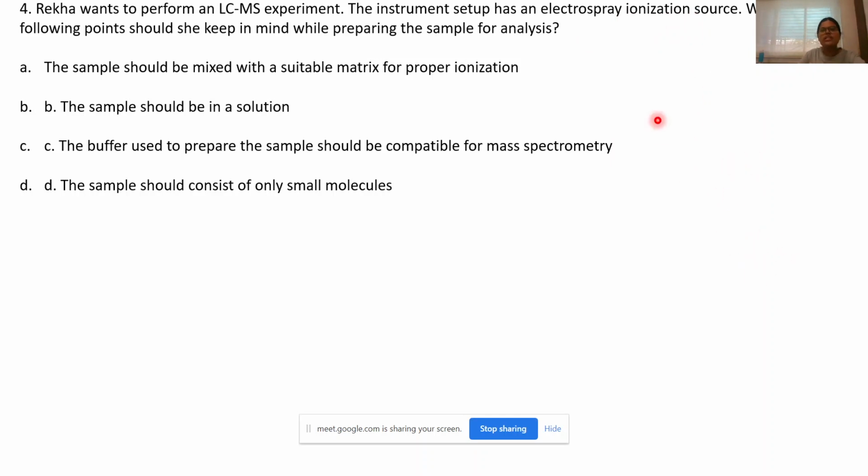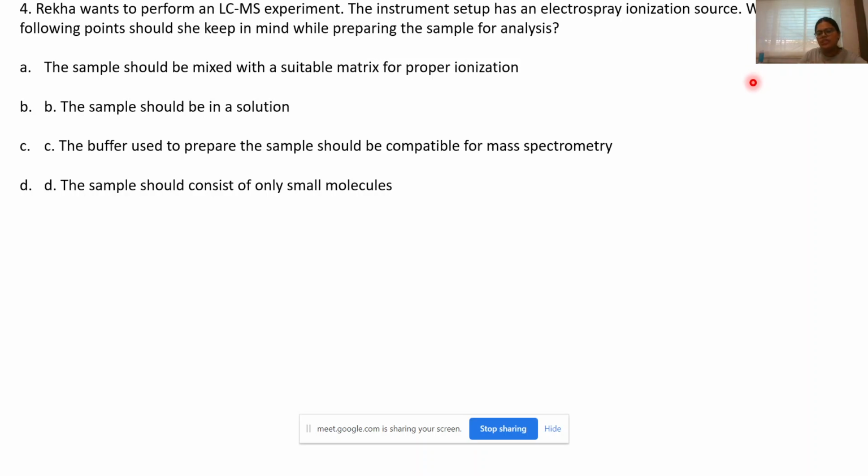It's a soft ionization technique, which means that your compound will not be directly fragmented. Okay, so it will retain its molecular form. So let's say your compound is 150 kilodalton.